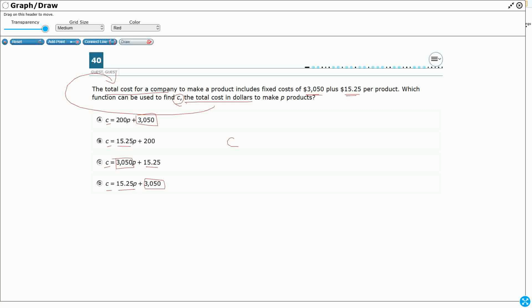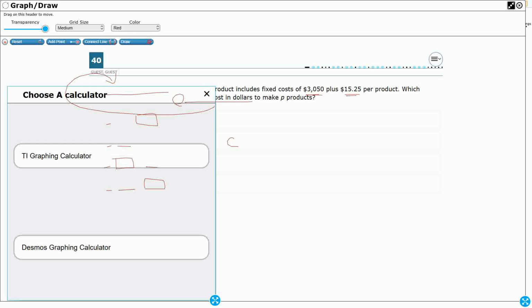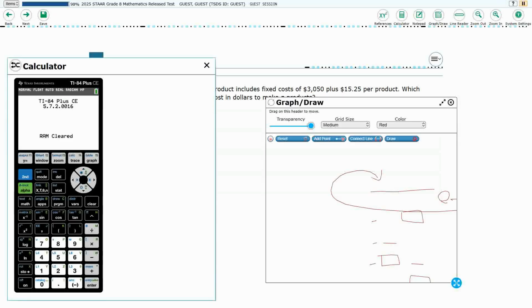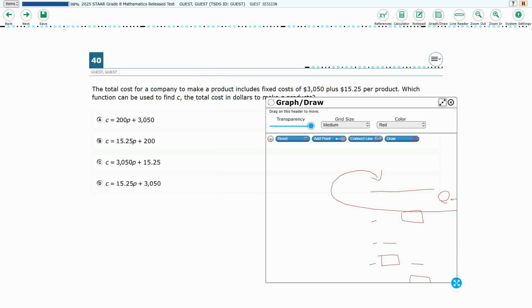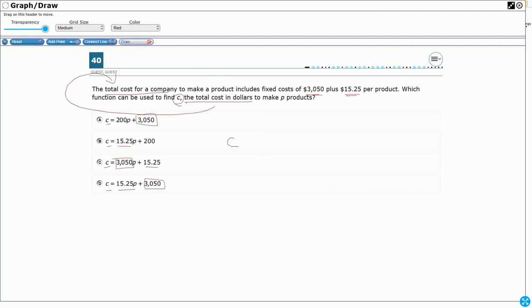You notice I do have 200 just popping up. I have a suspicion that my 200 is going to be this 3050 divided by 15.25. All right, so in case we wanted to divide the two, we can get 200. In case that's helpful, let's go ahead and write that down.